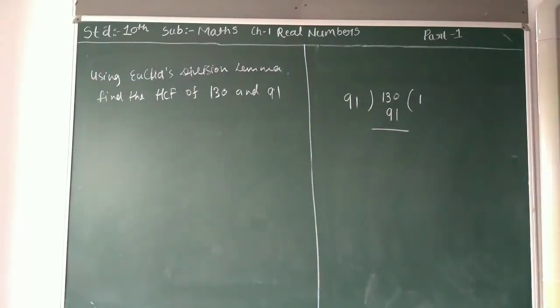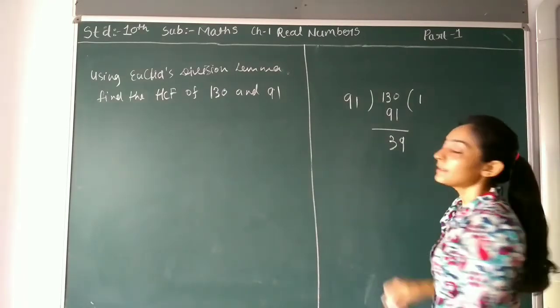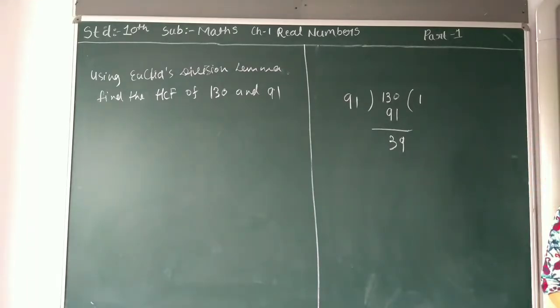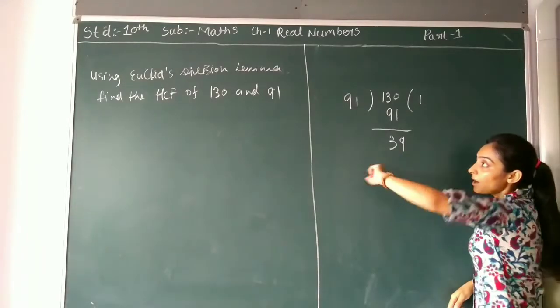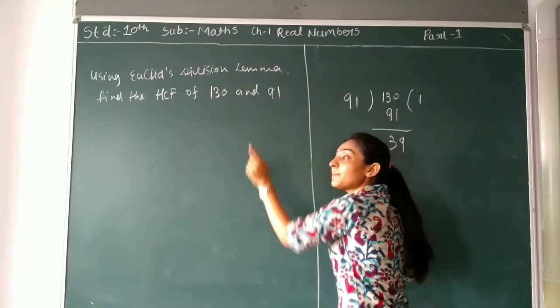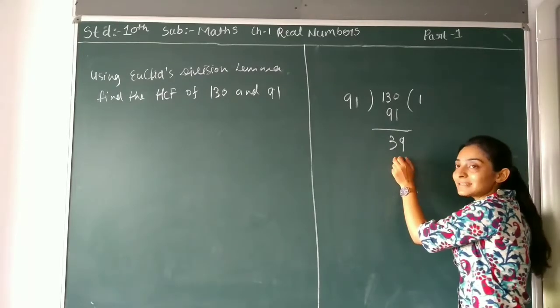Now the second thing is we have to divide this one. So again 39. Now the second step says, okay, we have to go until we get the remainder 0. Here my remainder is 39.